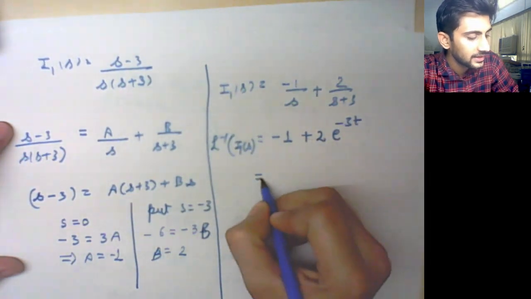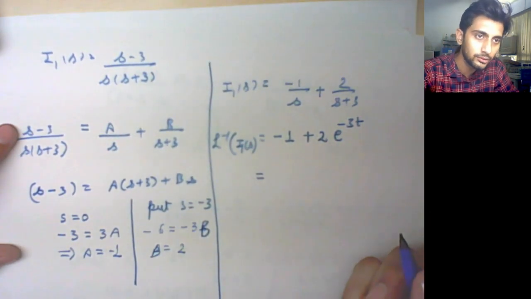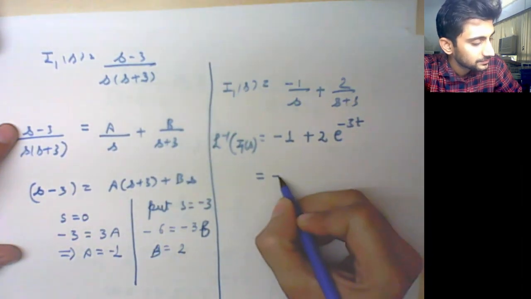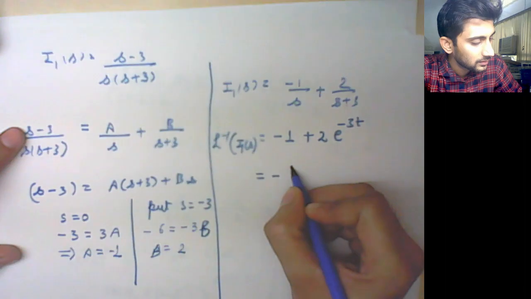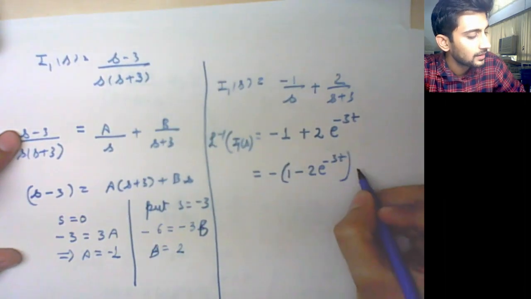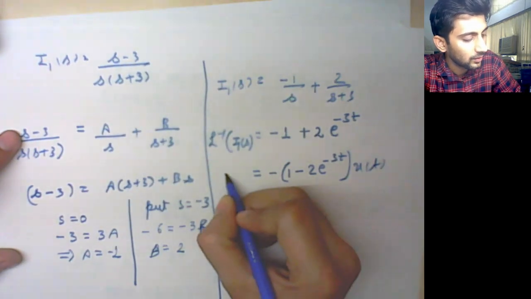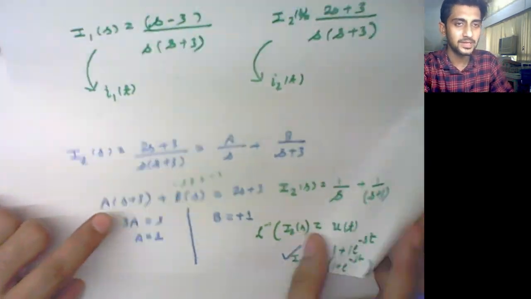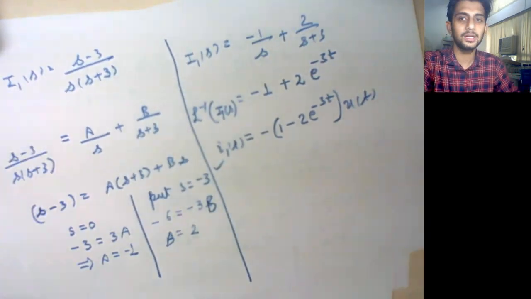And because everything happens after t equals 0 plus, we can say that I1(t) is minus 1 minus 2e to the power minus 3t times u(t). So you have actually solved for I2(t) as well as I1(t) using this technique.